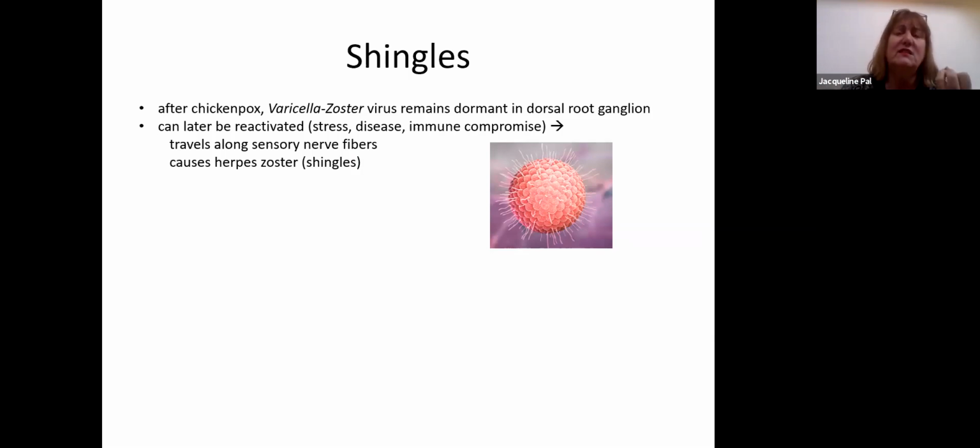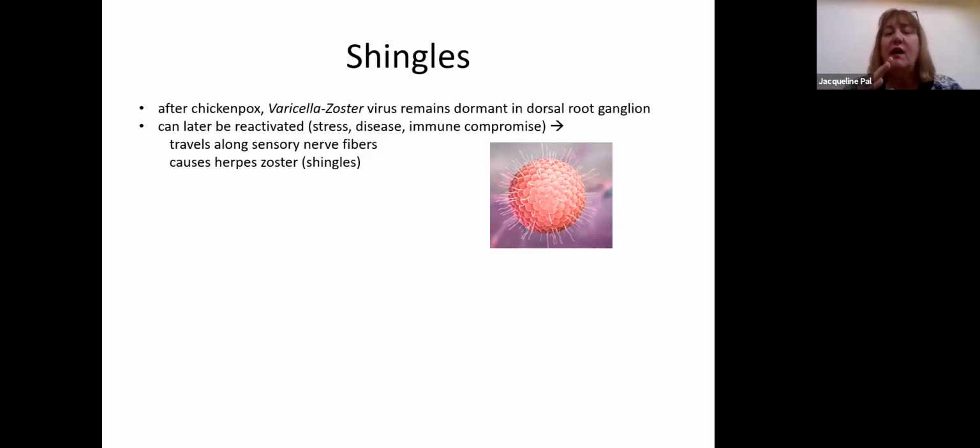Because if you have the disease, what happens is the chickenpox goes away. You may have some skin scarring from it, you may not, but the virus stays in your dorsal root ganglion, okay, where those sensory cell bodies are located, and it remains dormant in there. And then much later on in your life, it can be reactivated. So what does it take to be reactivated? Stress, okay? For instance, the stress of the pandemic of 2020, okay?